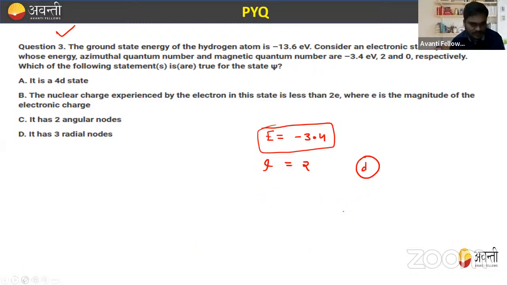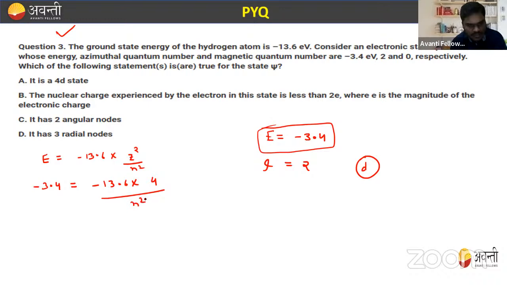Okay. Now we know that energy is nothing but minus 13.6 times Z square upon n square, right? Now this energy is given as minus 3.4. And we know for helium, Z is equal to 2, so Z square is 4.